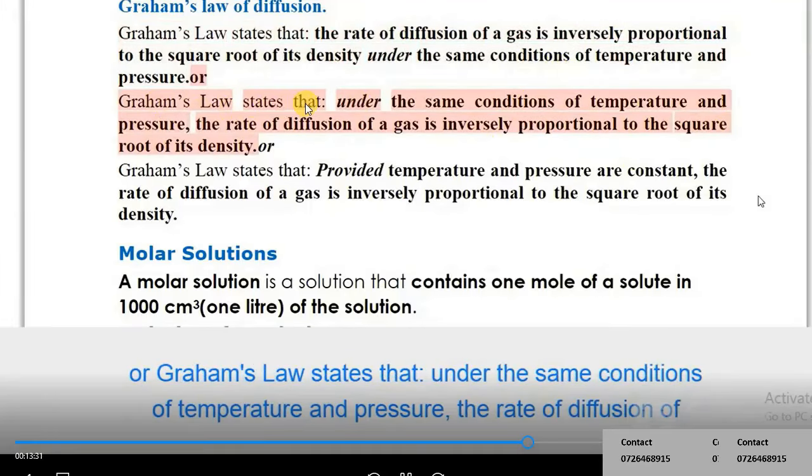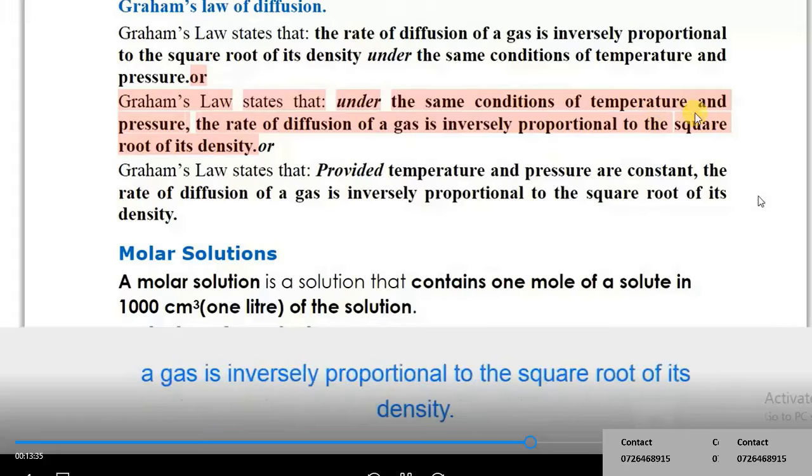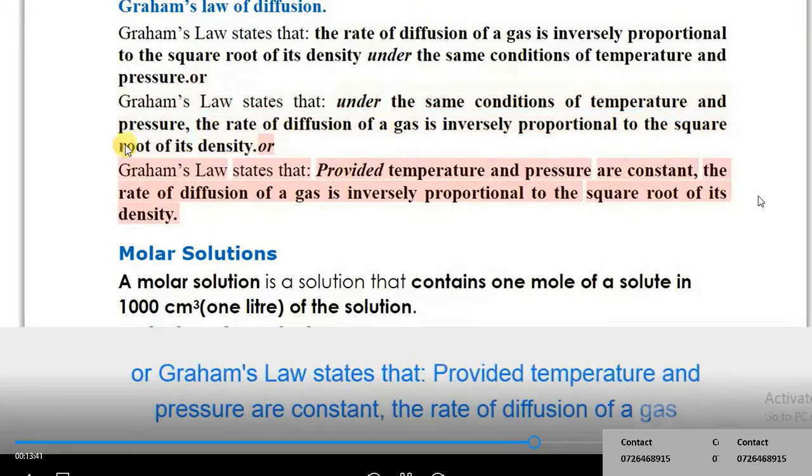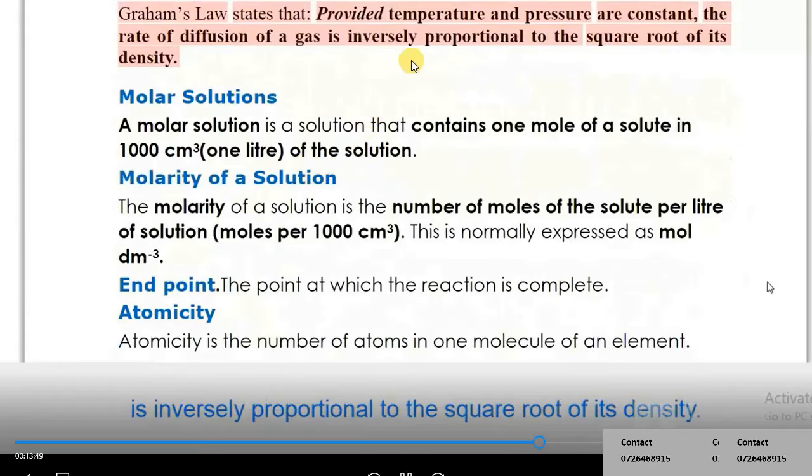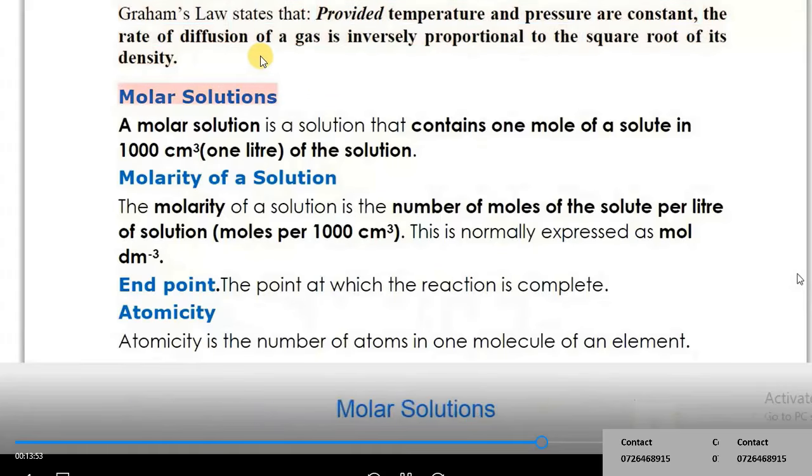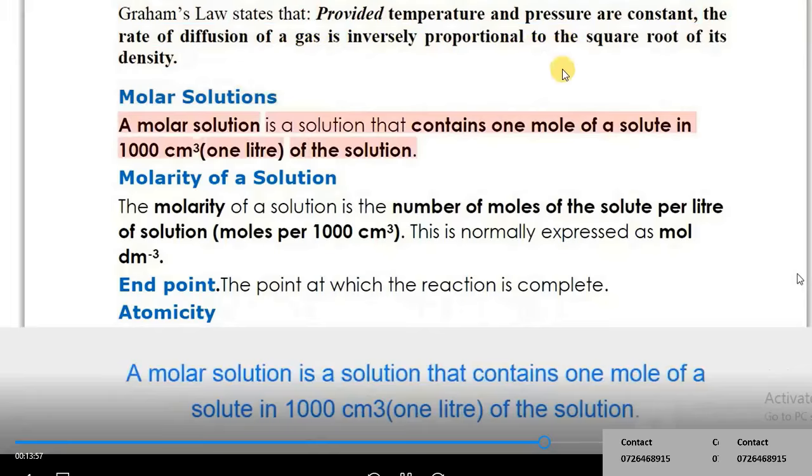Or you can say Graham's law states that provided temperature and pressure are constant, the rate of diffusion of a gas is inversely proportional to the square root of its density.